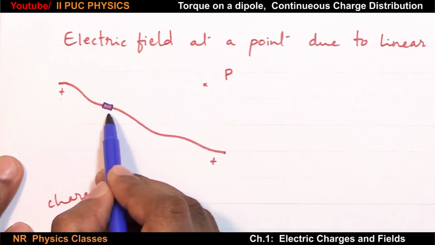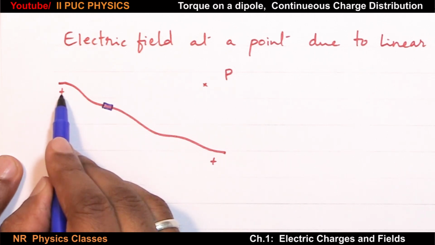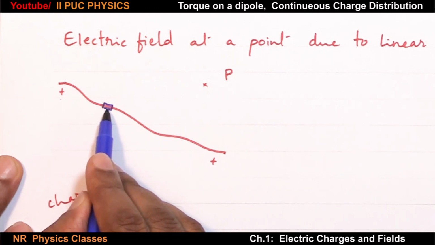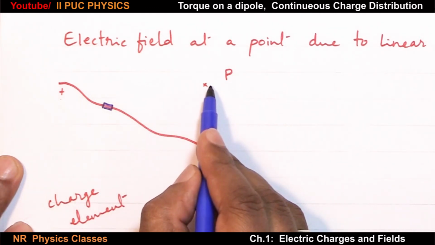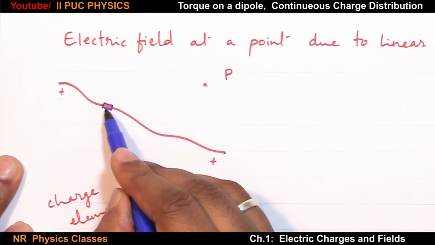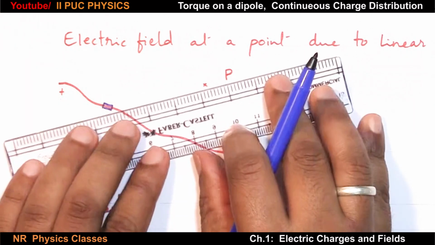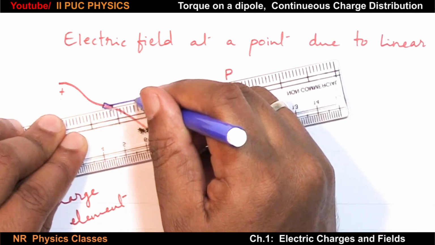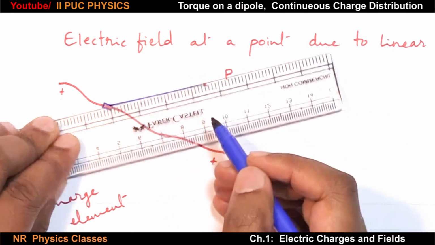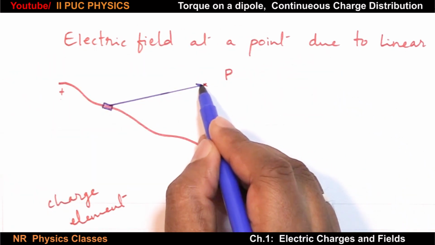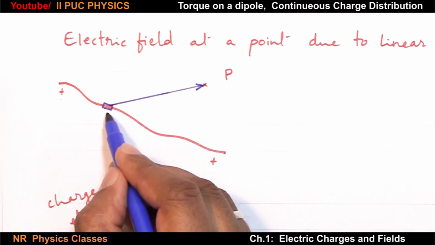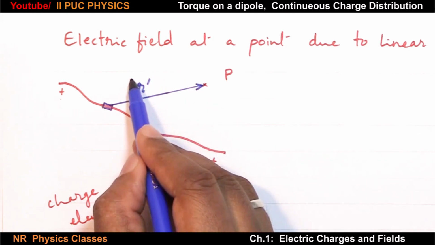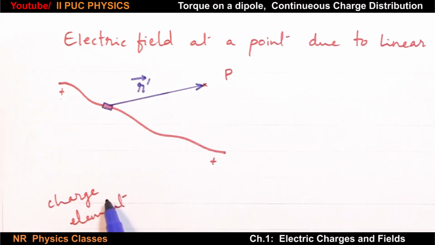Because of this plus charge, this small region is also positively charged. So the distance of P from the charge element is given by the position vector of P from this charge element. Let me denote it by R dash. This is a position vector.